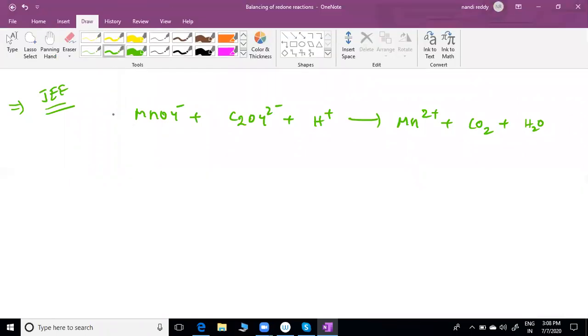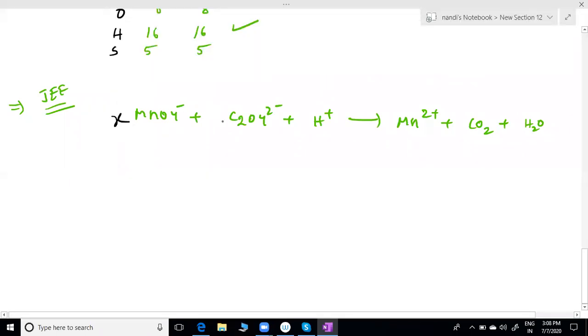They're asking what is X, Y, Z. Nowadays they're making integer type questions. So can you try it? Try yourself. If you are not getting it, I will explain.